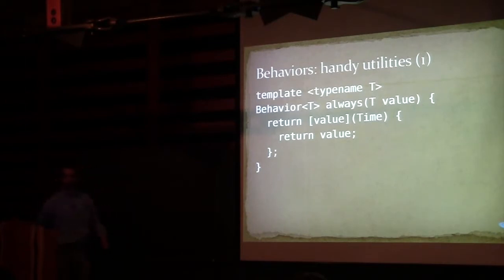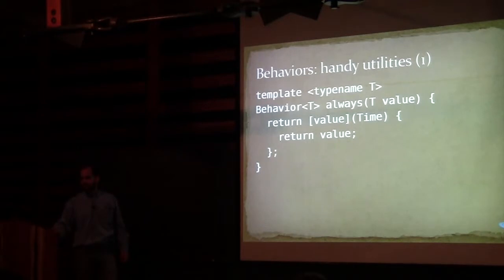That makes it the injection or the return function for the behavior monad. Behaviors aren't monads, by the way. They probably don't follow the laws, but it's like a behavior of t, and basically if you do this, it's always, and then you have a behavior that always is t.